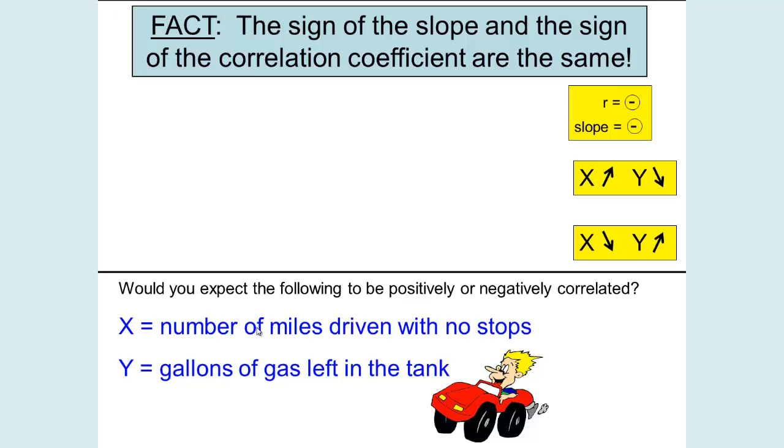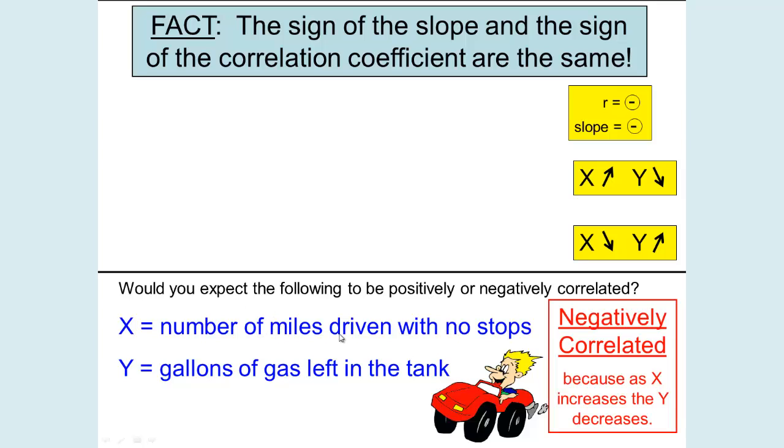Would we expect the gallons of gas left in the tank to increase or decrease? We would expect the number of gallons of gas to decrease. As the number of miles driven increases, the number of gallons decreases. Since they are doing opposite things, they are negatively correlated because as X increases, Y decreases.